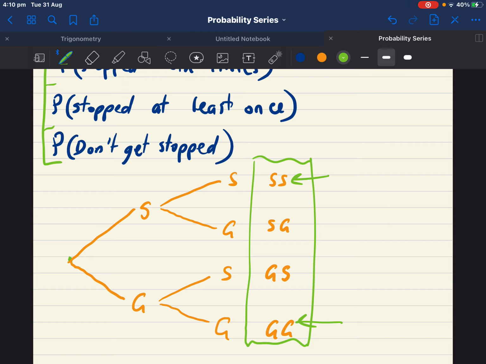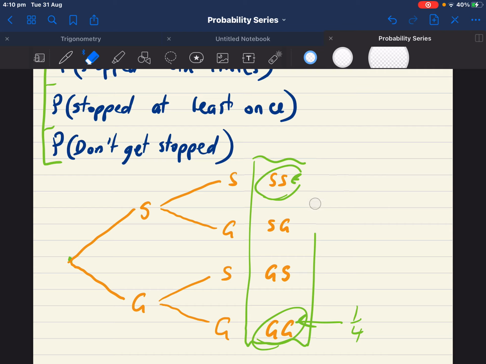So it's not 1 in 4 and 1 in 4. We know you're more likely to be stopped than not. So this actually needs to be higher than this. So we just can't from this point get our probabilities straight away. And that's why the notes say you need to multiply along the branches to get the probability of each one.